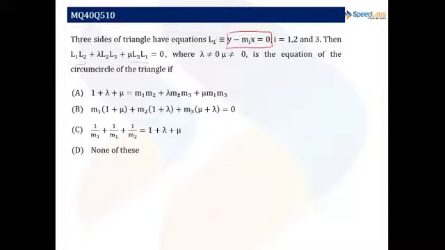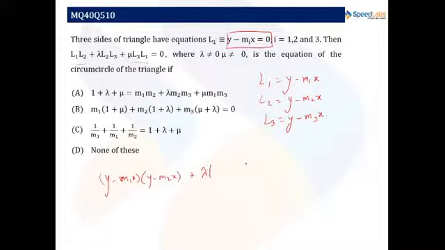So we can see L1 will be y minus m1x, L2 will be y minus m2x, and L3 will come out to be y minus m3x. Putting these values here: y minus m1x into y minus m2x plus lambda times y minus m2x into y minus m3x plus mu times y minus m3x into y minus m1x equals 0.